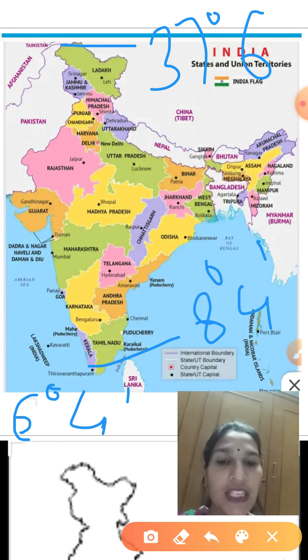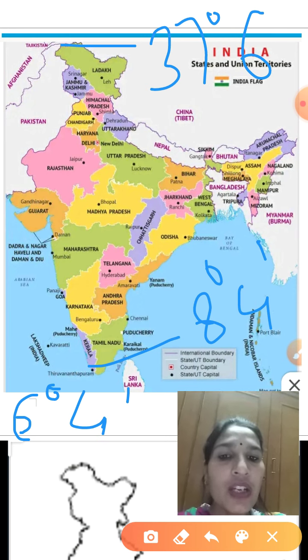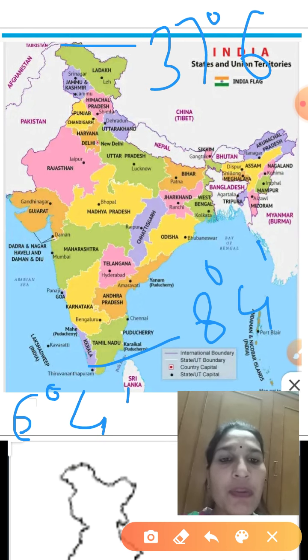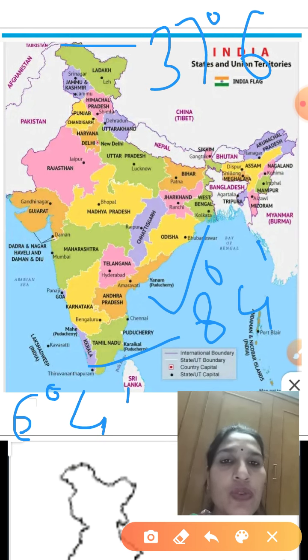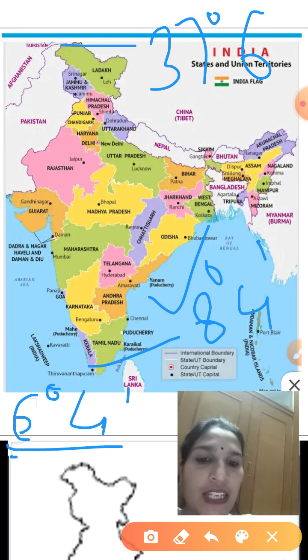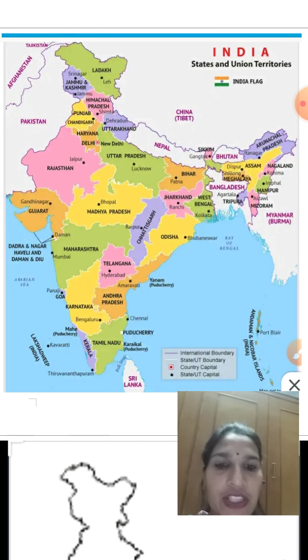I am repeating: if the question is the extension of the mainland of India, the mainland starts from Thiruvananthapuram, so the latitudinal extension starts from 8 degree 4 minute. But if the question is only the latitudinal extension of India, with no mention of the mainland, it starts from 6 degree 4 minute, the latitude of the southernmost Andaman island.